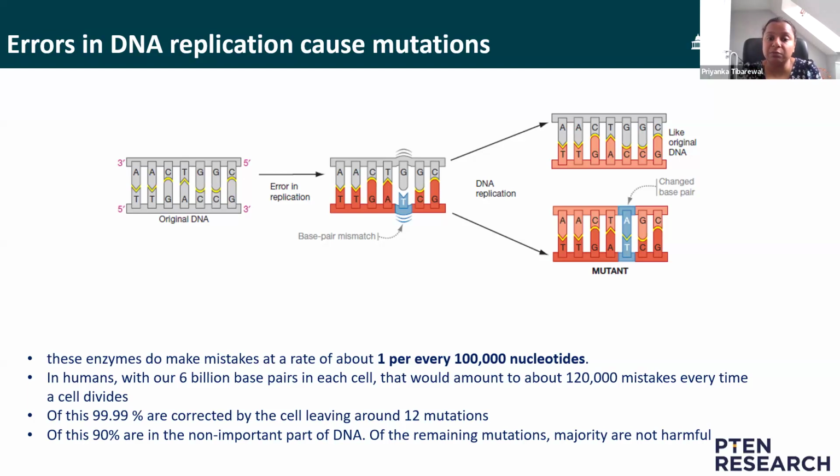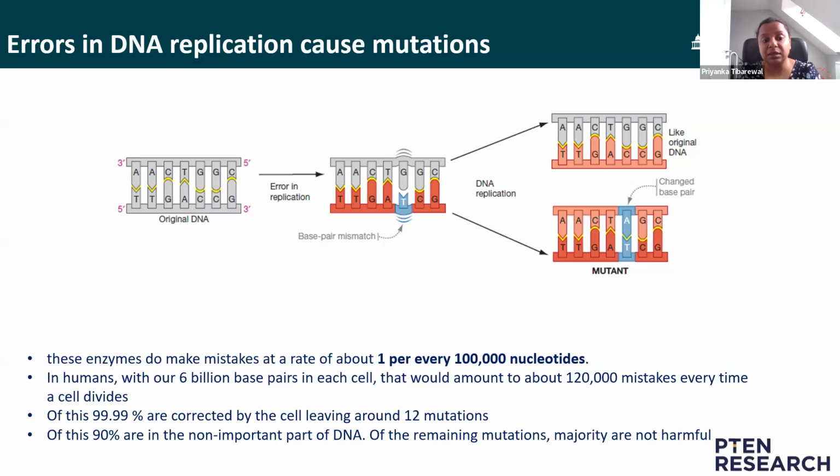Of these 12 mutations, almost 90% happen in what's known as the non-important part of DNA. This is just filler DNA or junk DNA in between the important coding genes that we have in our cells.